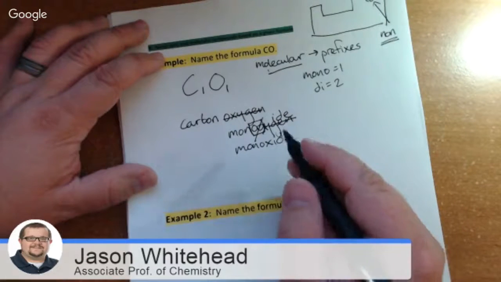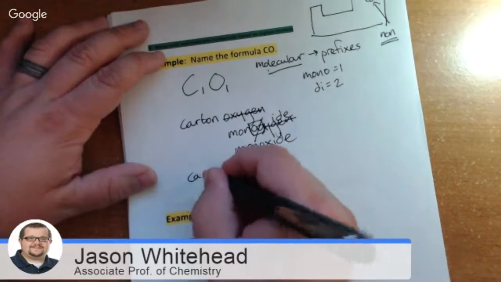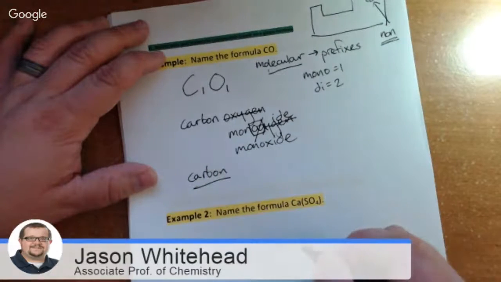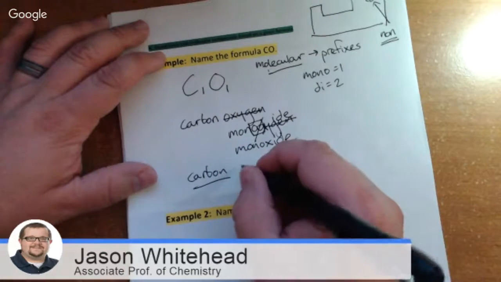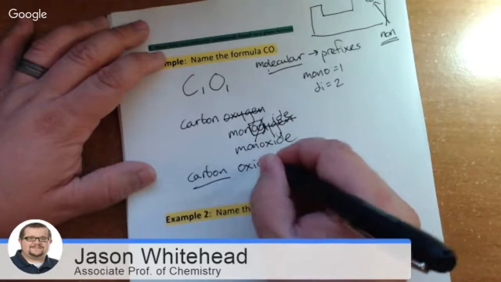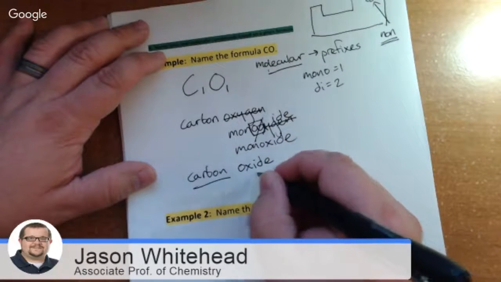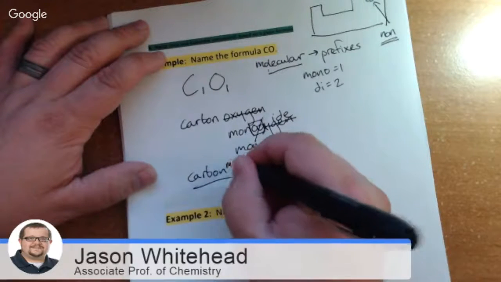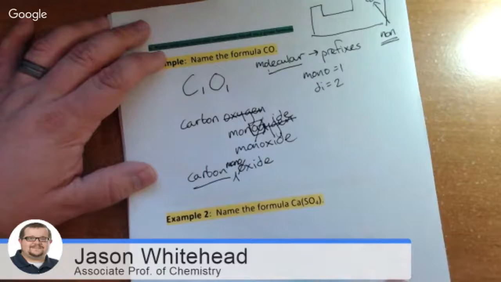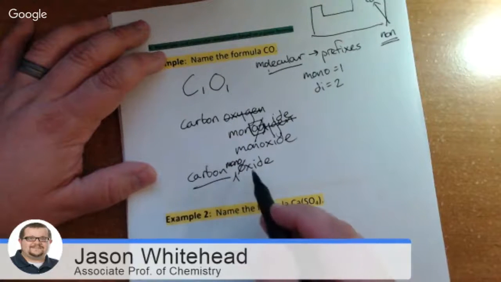So just to recap, I took the name straight off the periodic table for the carbon, took the second half of the name, oxygen, changed the ending to IDE, and then we had to add the prefix mono, eliminate that double vowel, so we get carbon monoxide.